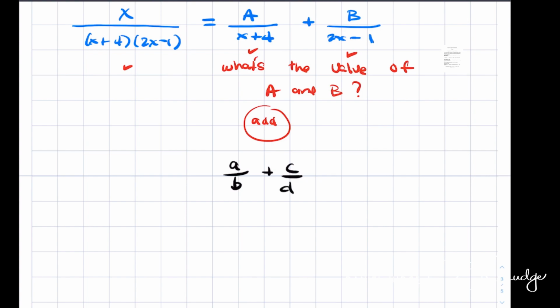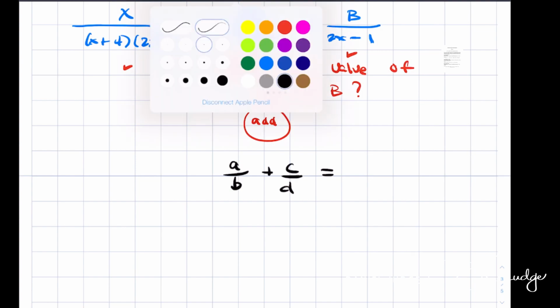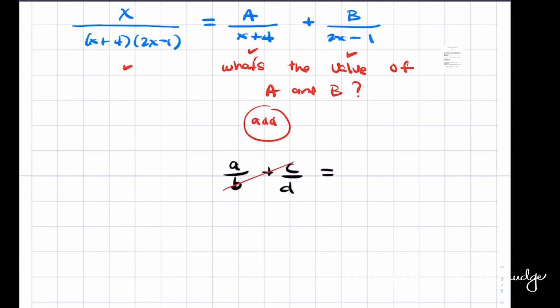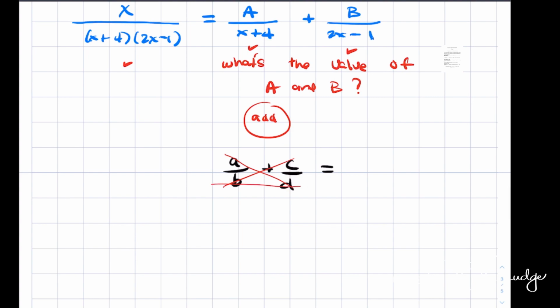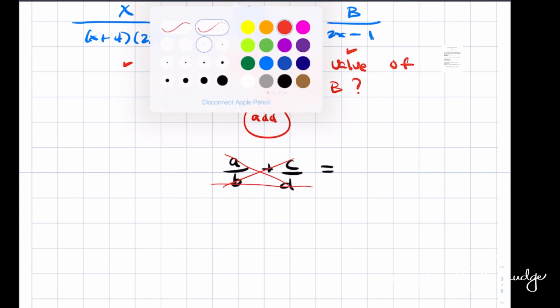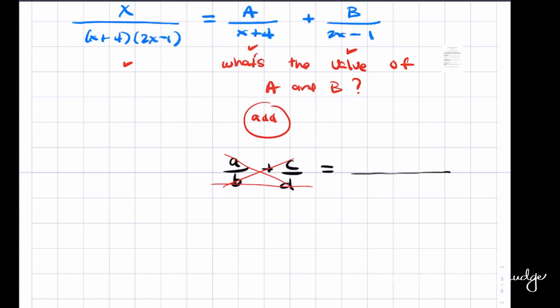If you guys remember, how do we add fractions by the shortcut? Remember, we cross multiply, and we multiply here horizontally. So this gives us BD in the denominator and AD plus BC in the numerator.